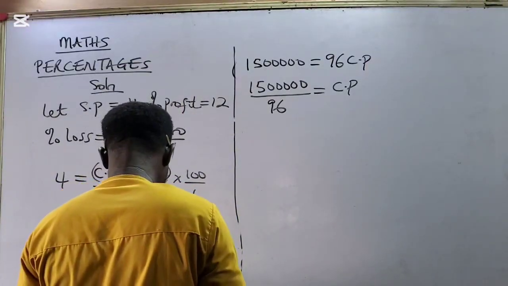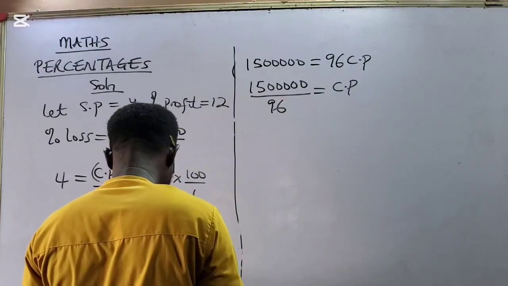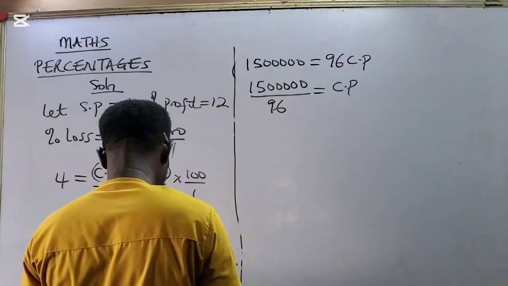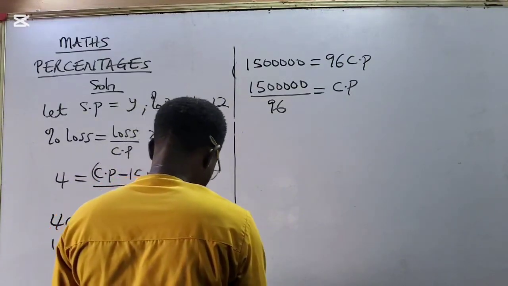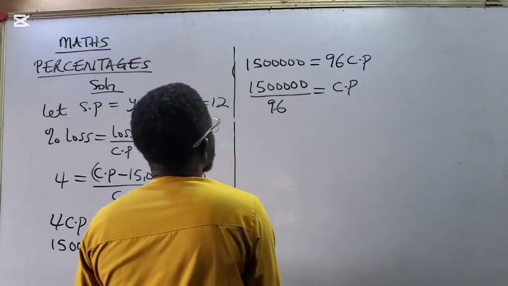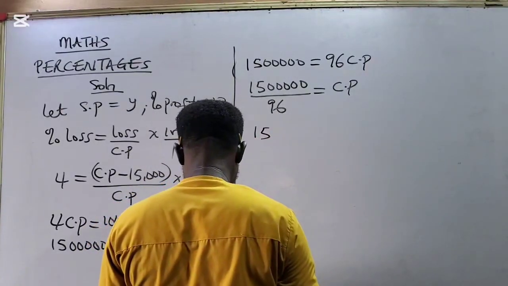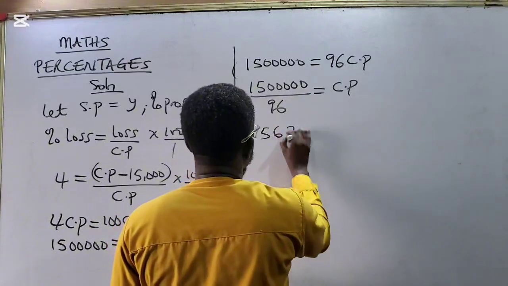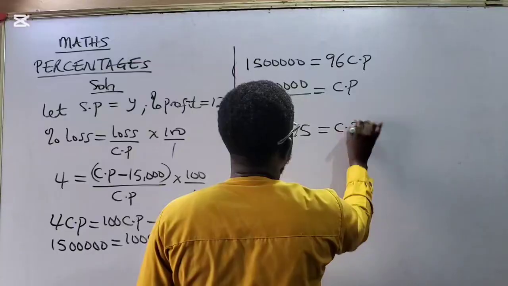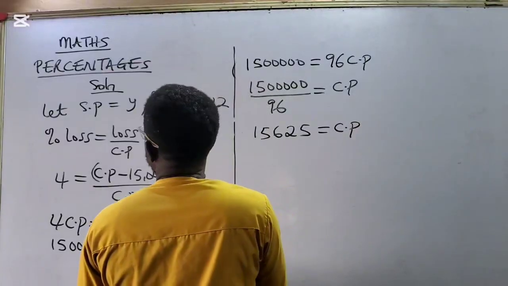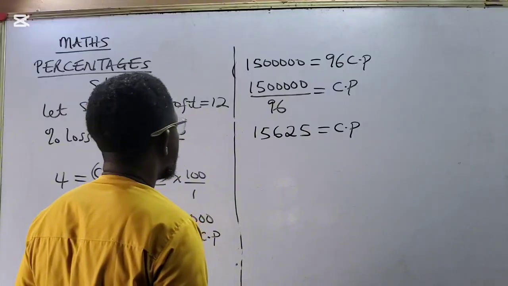So let's divide, let's see what we get. So that's the value of the cost price. That will be 15,625.